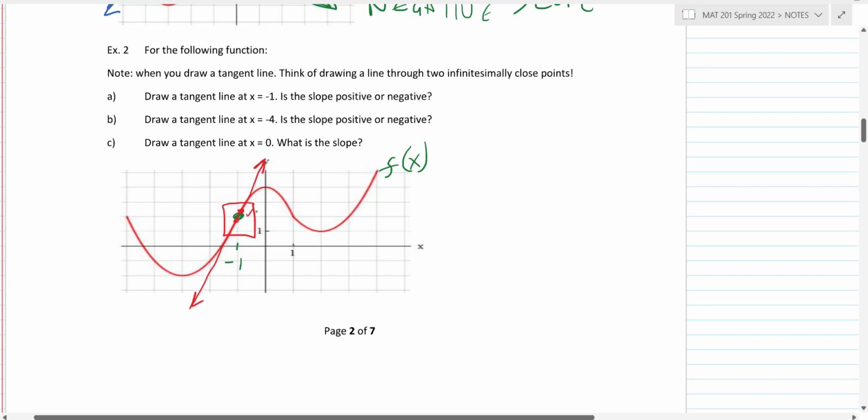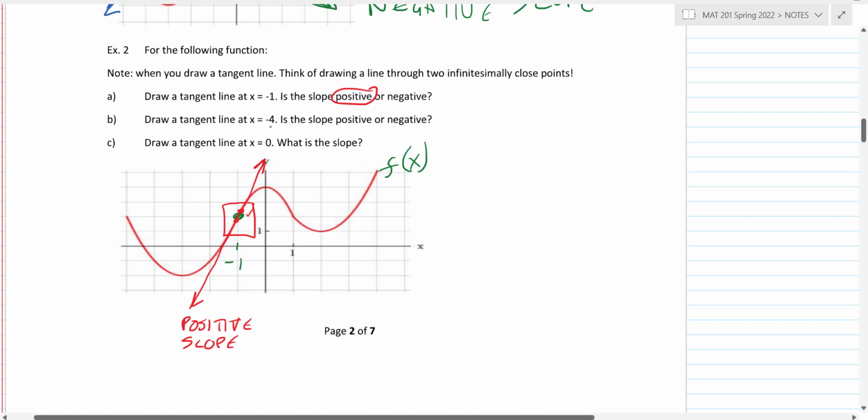So it's going to only go through that one point in a small neighborhood. It might hit the point of this function later on, but in that small neighborhood, it's only going to touch one time. And then this one right here, you would have a positive slope, again, because it's sloping upwards. Okay, so that one would have a positive slope.